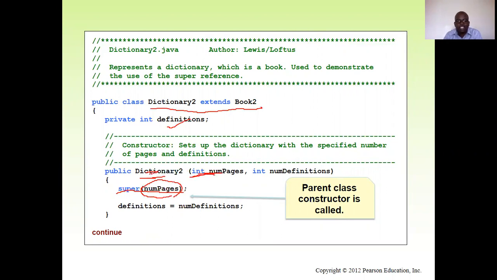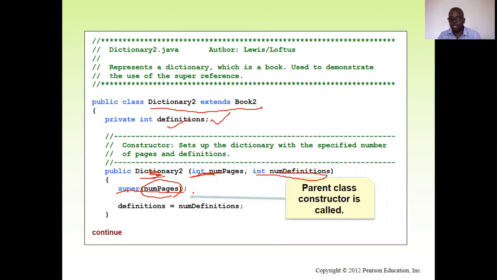But my dictionary constructor also requires num definitions, so I also pass that in, and this variable, which is a part of my child class, dictionary 2, is updated in the same constructor. So the first thing you do is call the parent constructor. Any questions?